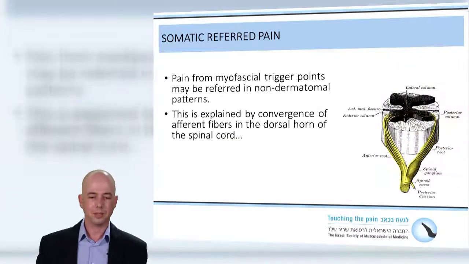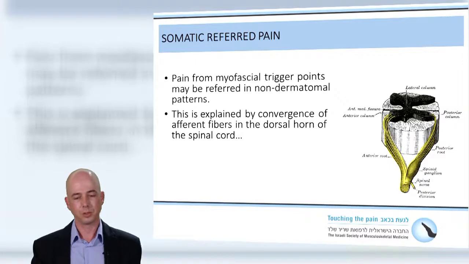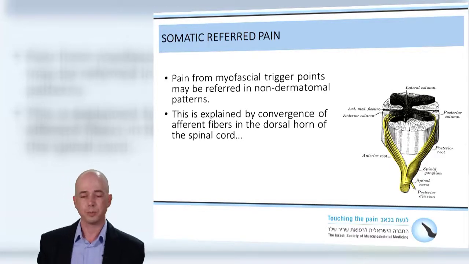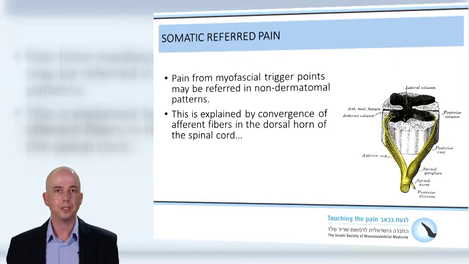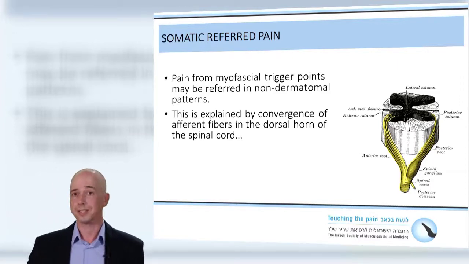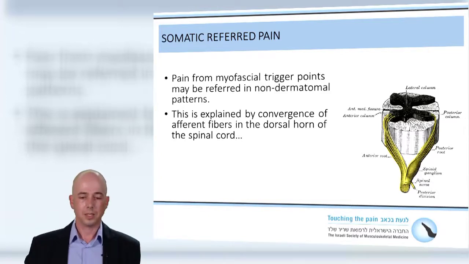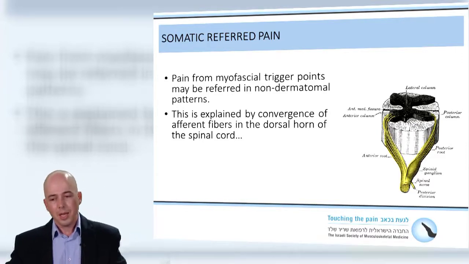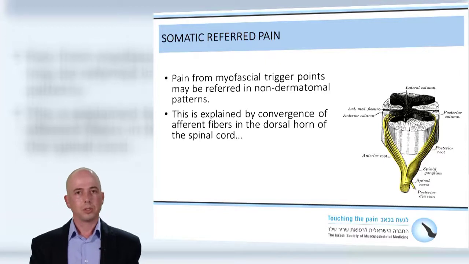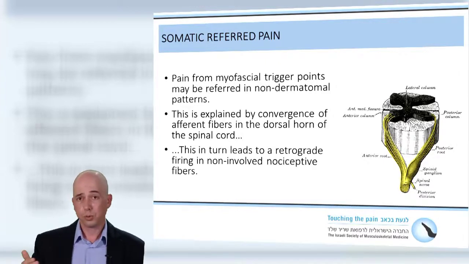We think that this can be explained by convergence of afferent fibers, nociceptive afferent fibers, coming from the involved muscles, but also from other somatic organs, like the skin, like joints, like fascia, and other somatic structures. And this convergence causes retrograde activation of these uninvolved fibers.